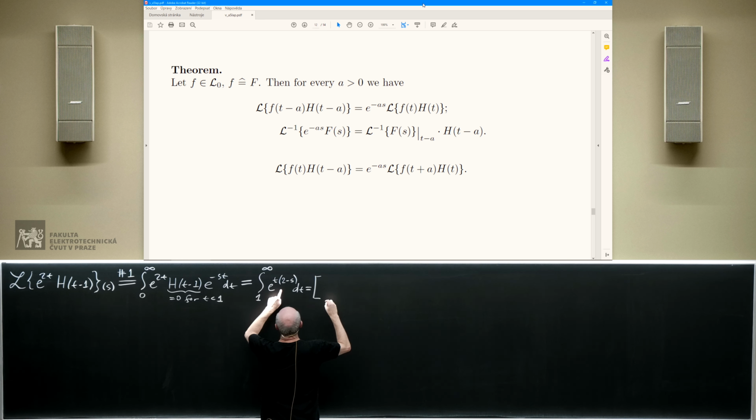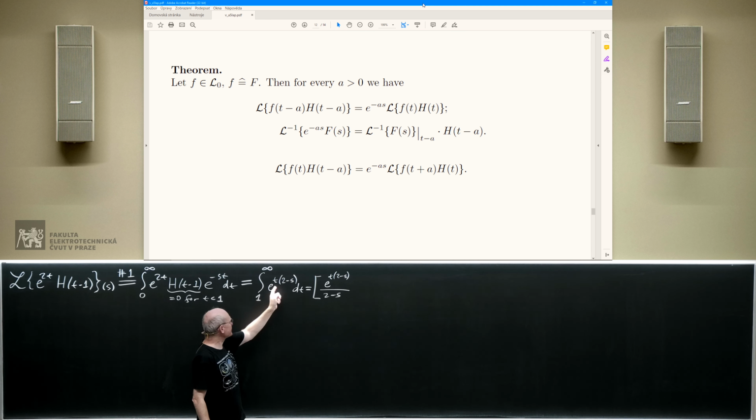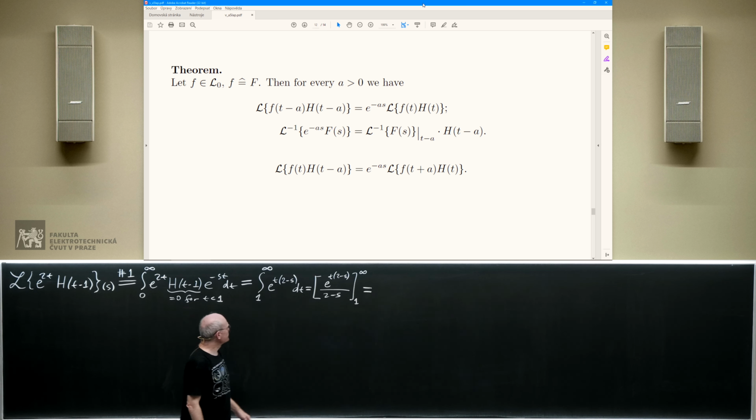We have to integrate using substitution, which is a fairly routine business by now. So we are dividing by 2 minus s because that's a constant in this context. And we go from 1 to infinity. First, we substitute infinity into the picture.